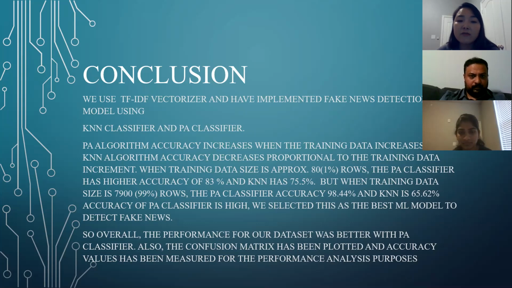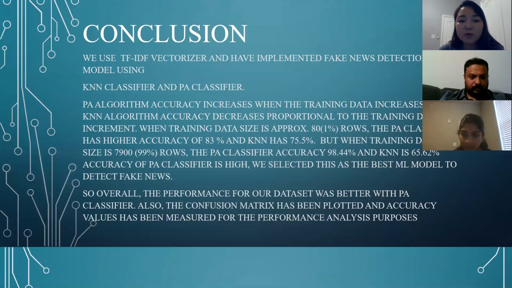So the accuracy of the PA classifier is higher, and we selected this as the best ML model to detect fake news. Overall, the performance for our data set was better with the PA classifier. Also, the confusion matrices have been plotted, and accuracy values have been measured for performance analysis.